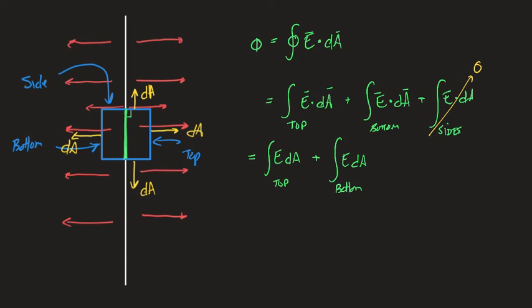I did more than that though. I centered my shape so that the top was the same distance away from the sheet as the bottom was. This is important because I want to say that the electric field contribution at the top and the electric field contribution at the bottom are the same amount, even though I'm pulling them out of their respective integrals.